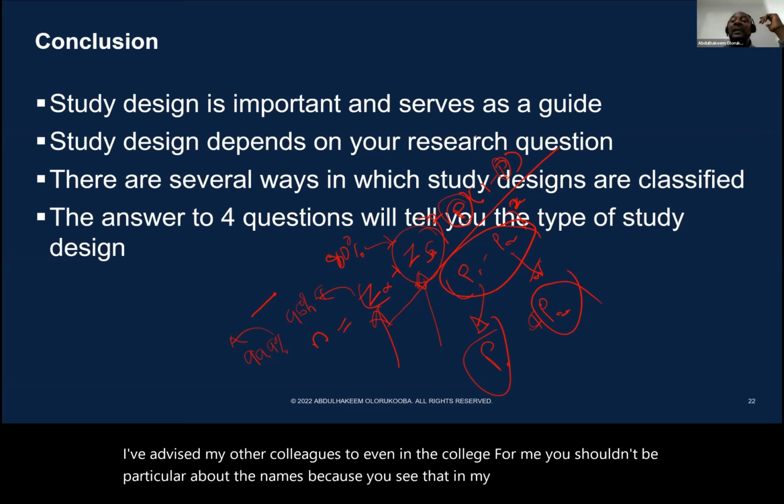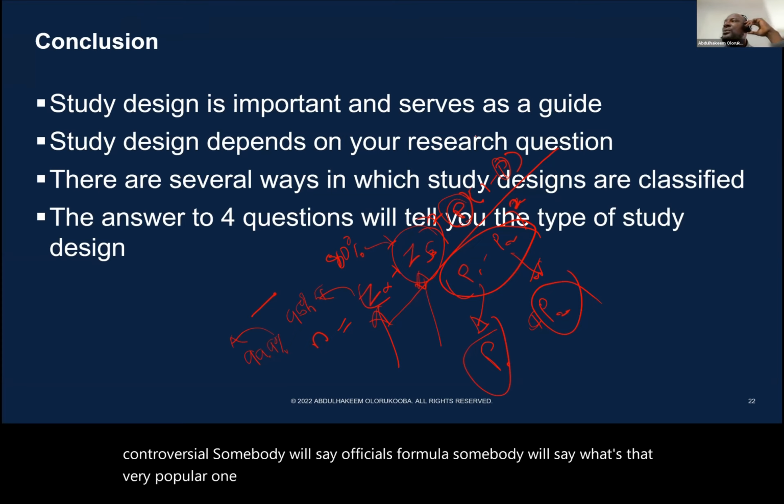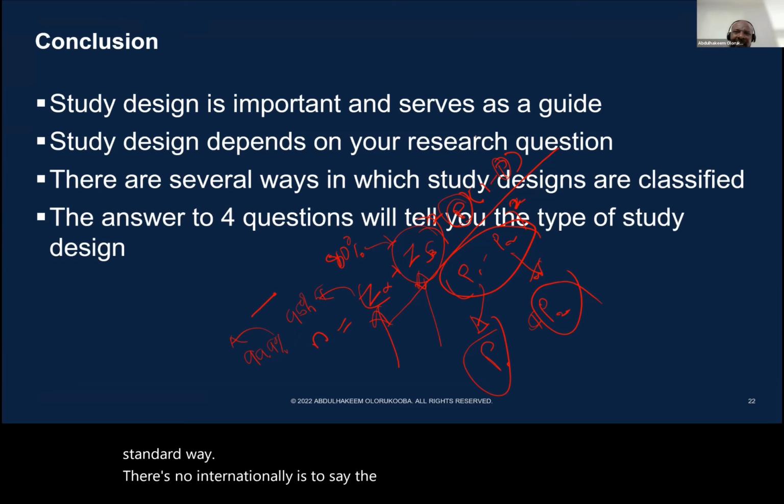The names are controversial. Somebody will say Fisher's formula. Somebody will say, what's that very popular one that they use in surgery? Somebody will call it the same formula. They're calling it so many different names. The standard way that is done internationally is to say the kind of formula that it is.